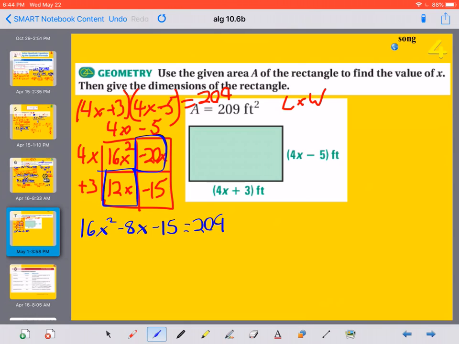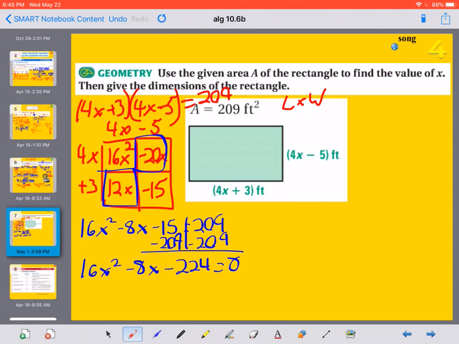So this is almost in quadratic form. What I just need to do is subtract this 209 to bring it over. So we get 16x squared minus 8x, negative 15 minus 209 is going to give me a negative 224 equals 0. Now I can put this in my quadratic form.